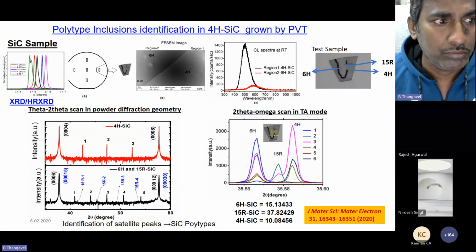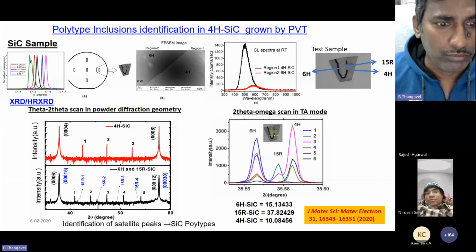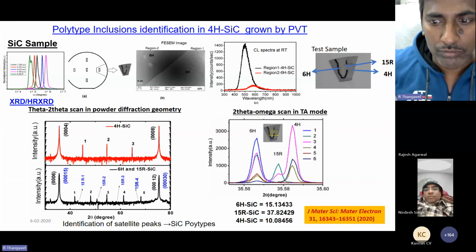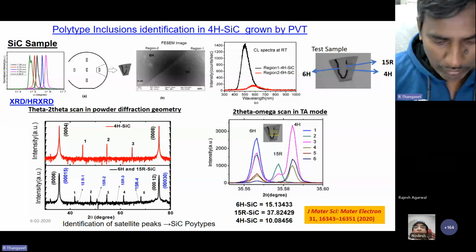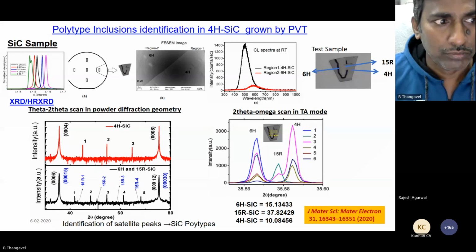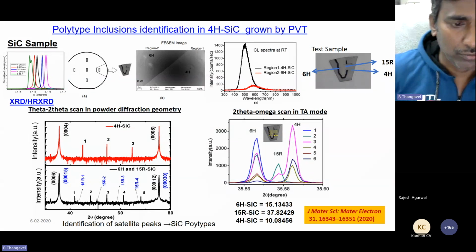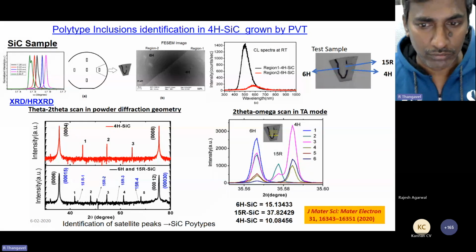In 4H, apart from the 004 and 008 peaks in theta-2theta, other peaks will be there. These peaks are kinematically absent peaks, but using a slow X-ray diffractogram these peaks are visible. Using this phenomenon, we have identified the region of 4H silicon carbide.